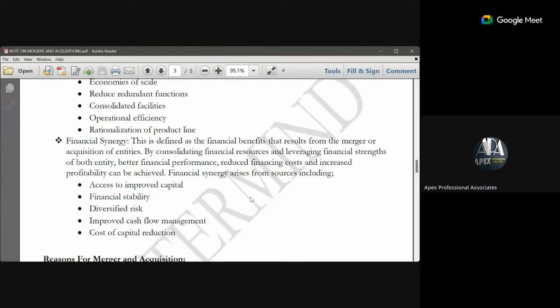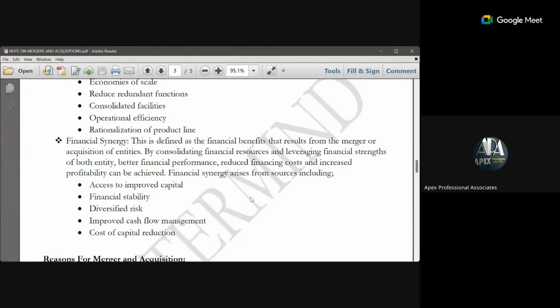Say for instance, company A is an A-rated business, while company B is not. When both companies combine, that is when they merge or one acquires the other, it is easier for them to access capital, more capital to finance the business.